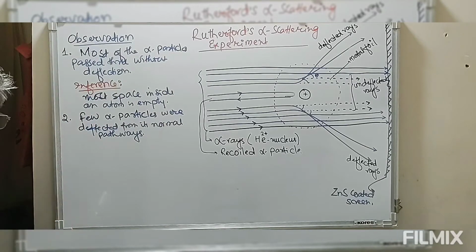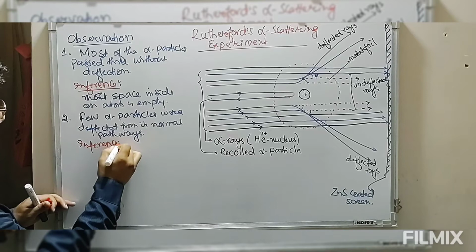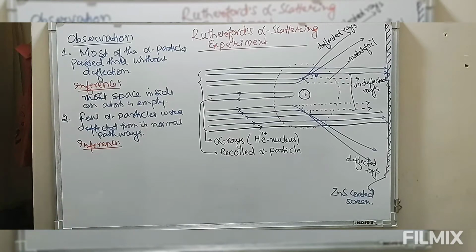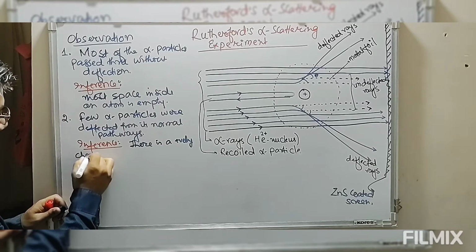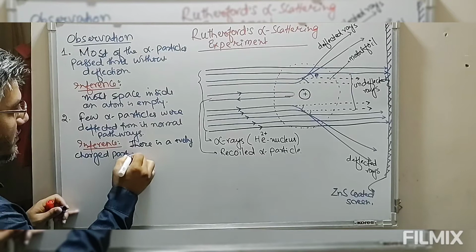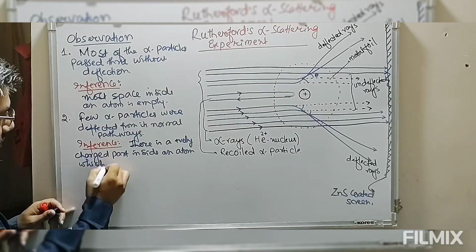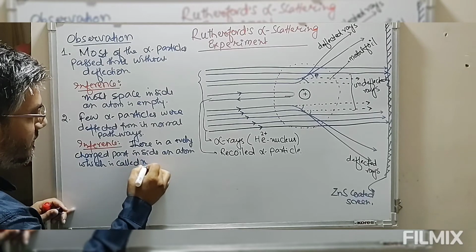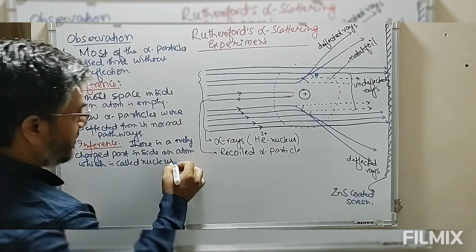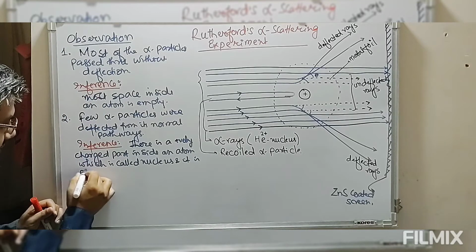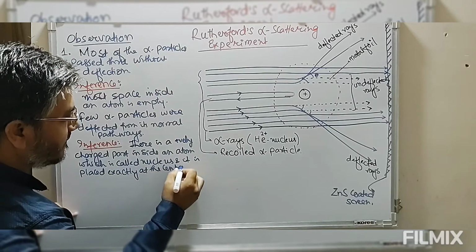So the inference from this second observation is there is a positively charged part inside an atom which is called the nucleus, and it is placed exactly at the center of the atom.